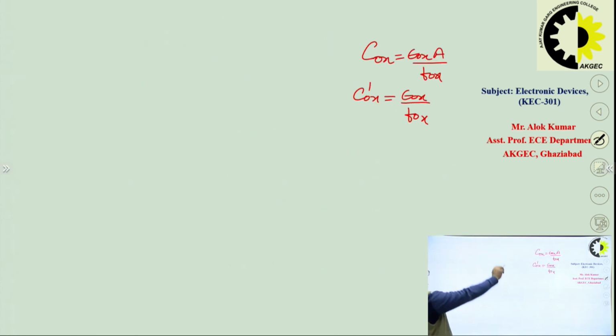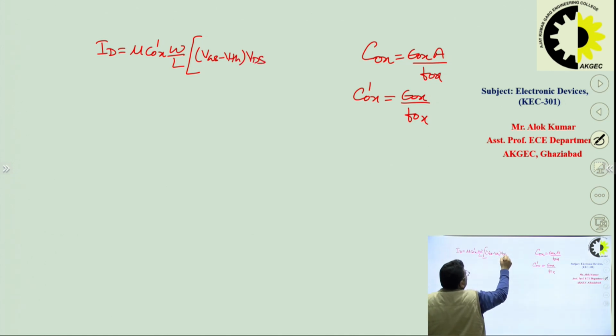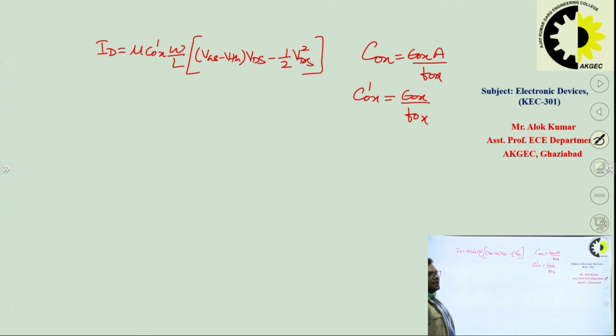So I can write the final equation: ID is equal to mu into COX prime into W by L into VGS minus VTH into VDS minus half of VDS square, right.